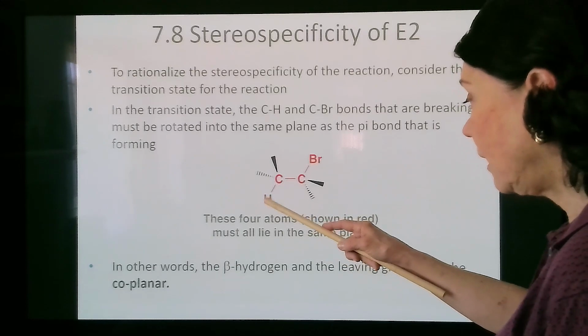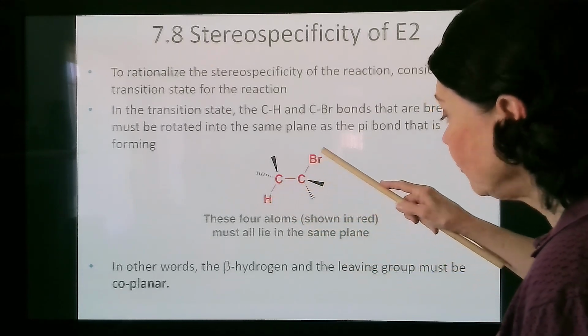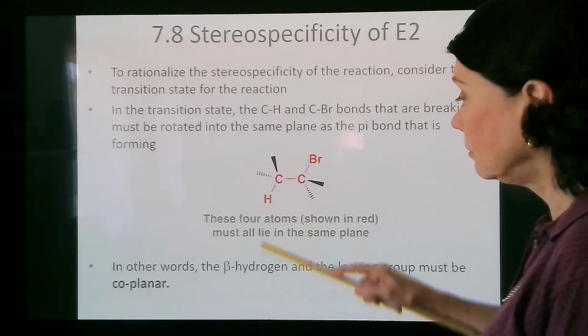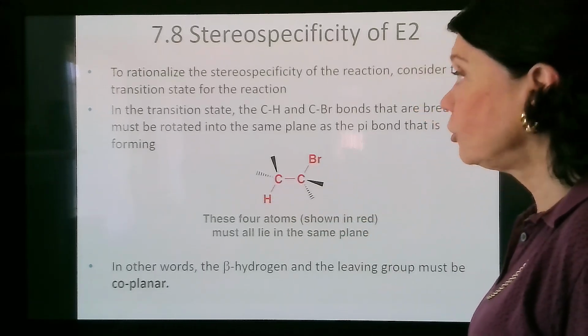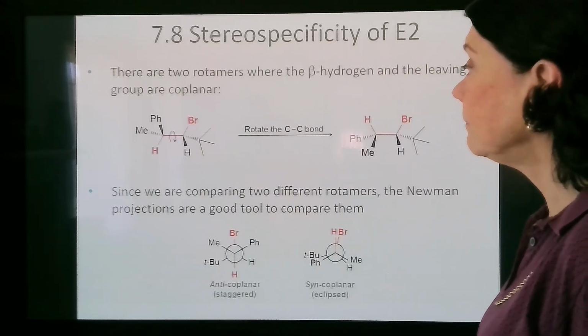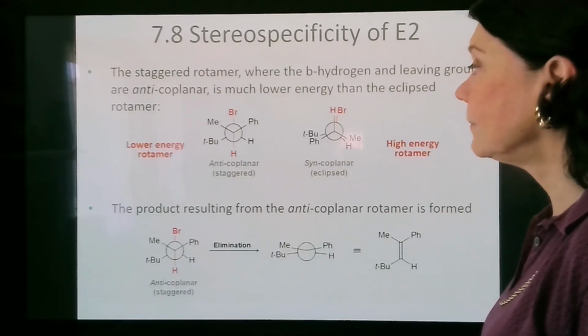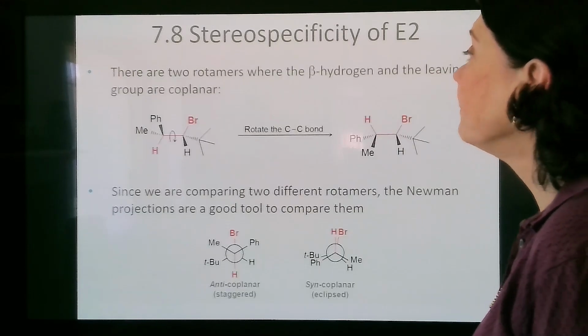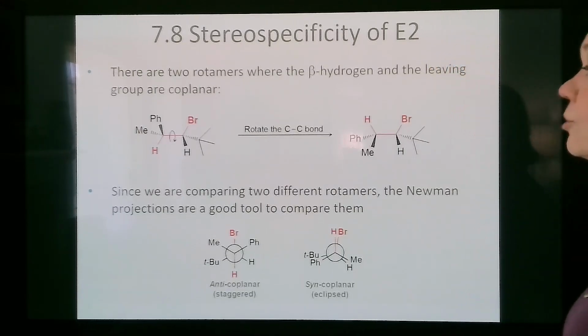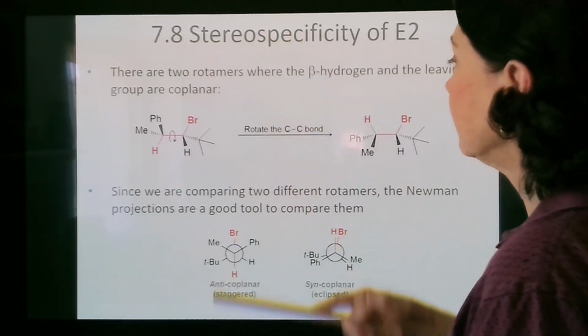So here it is again. These four atoms must be coplanar, okay, in order for the reaction to occur. Okay. So there are two conformers here. They're called rotamers.